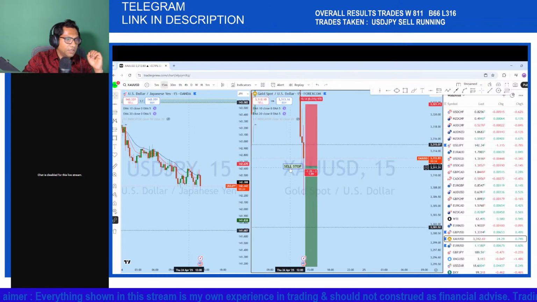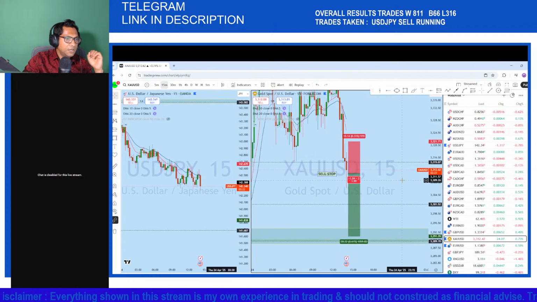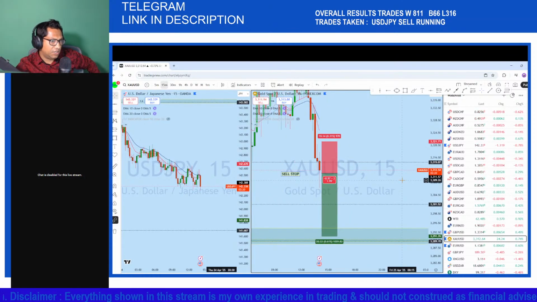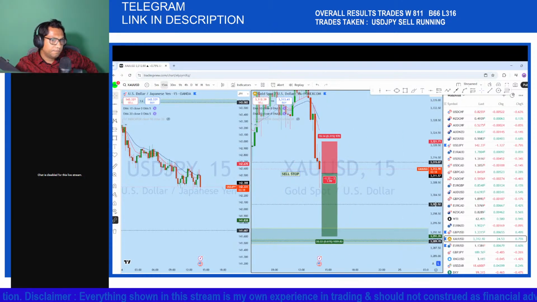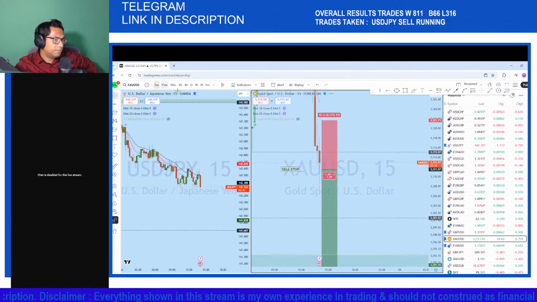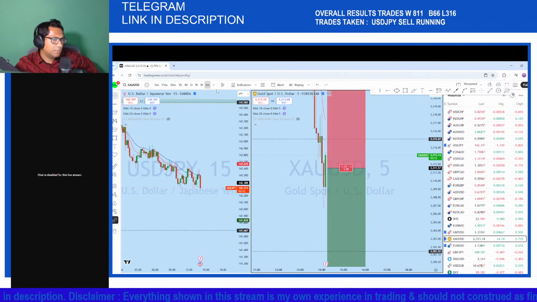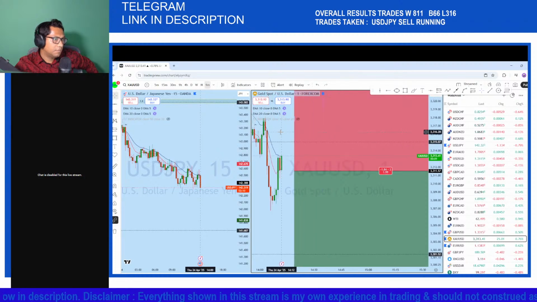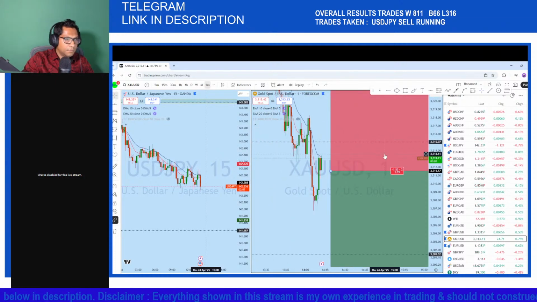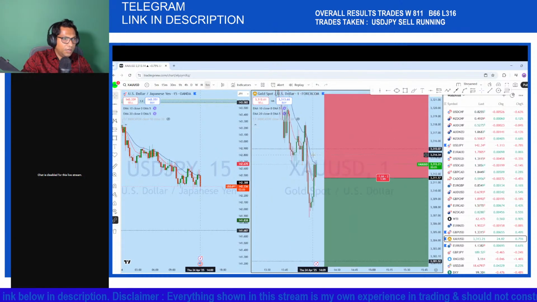Just looking in multi time frame to see the price action, how the price action is building. Now do this one here.